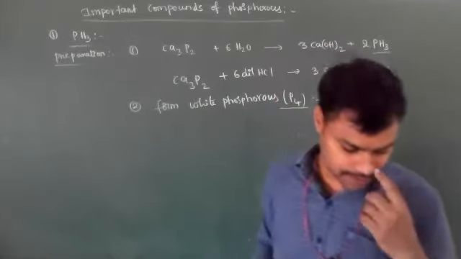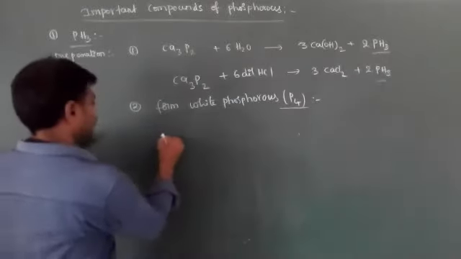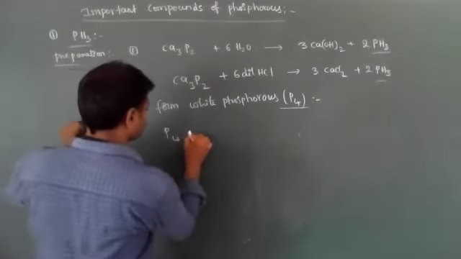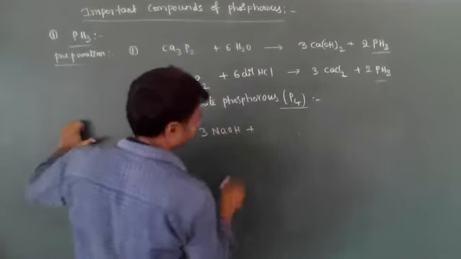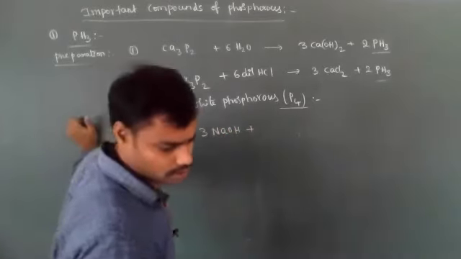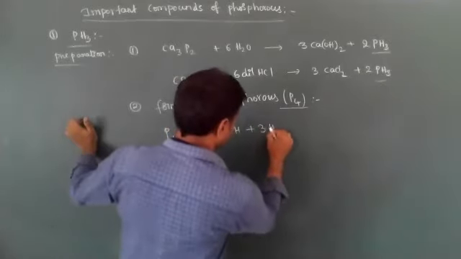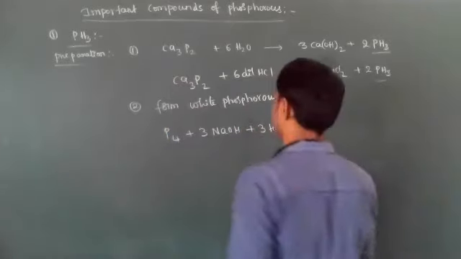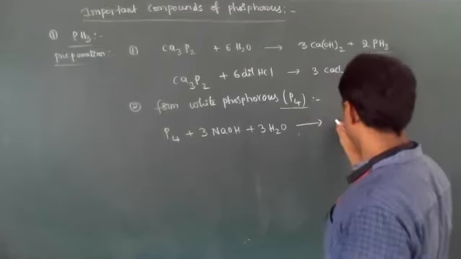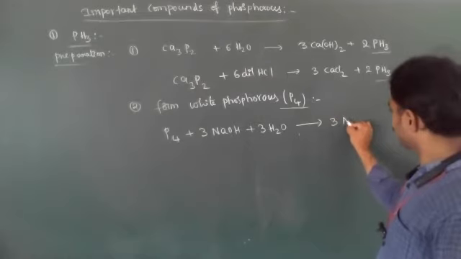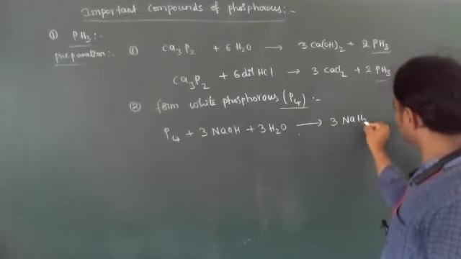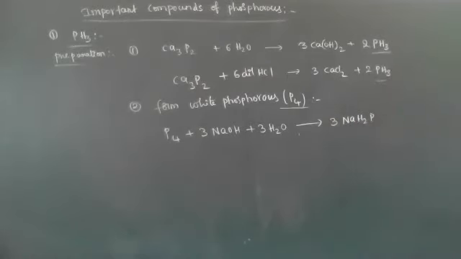See, this white phosphorus is treated with an alkaline medium, a base, sodium hydroxide, followed by hydrolysis. It forms sodium hypophosphite, NaH2PO2, plus PH3.